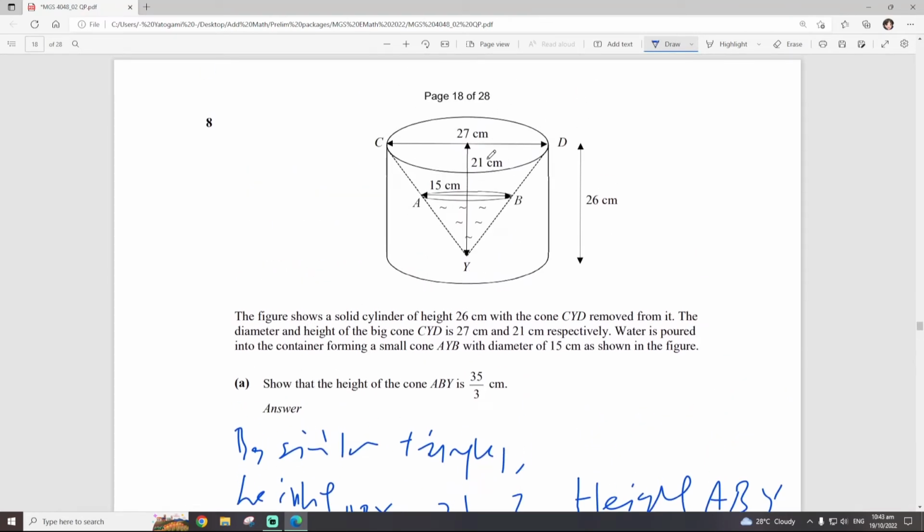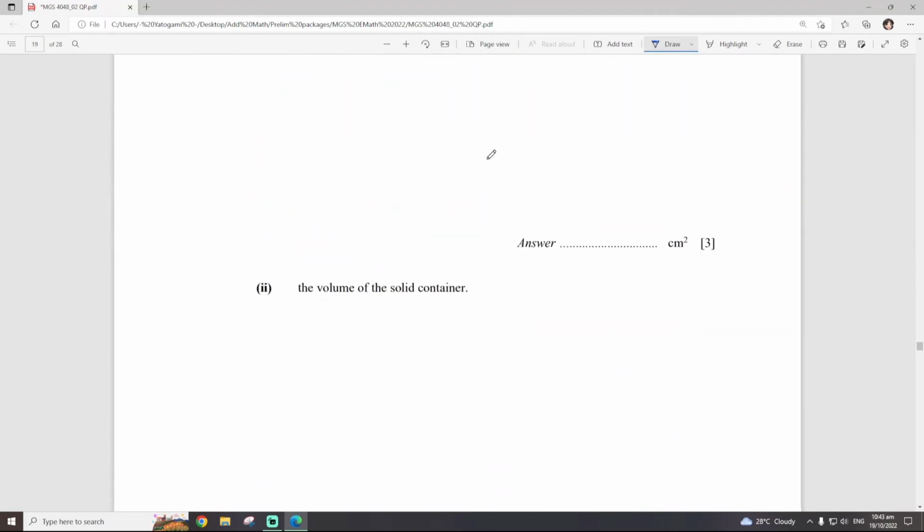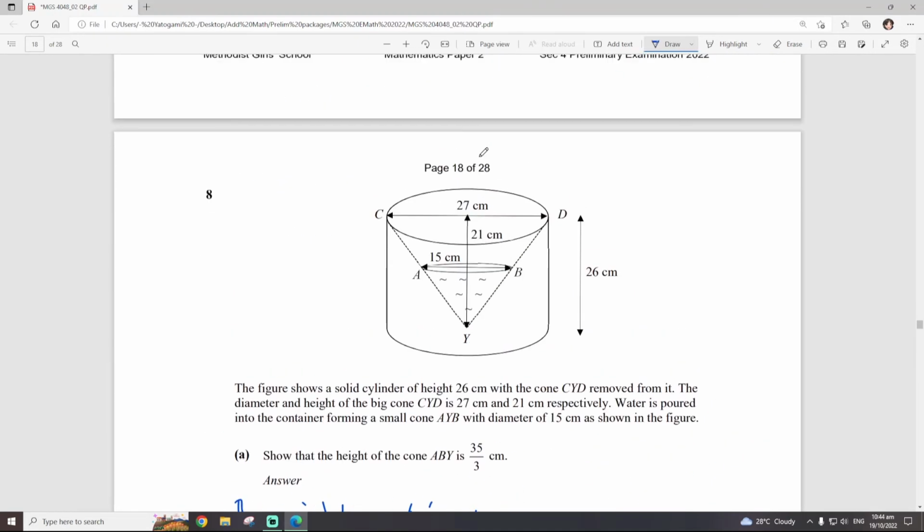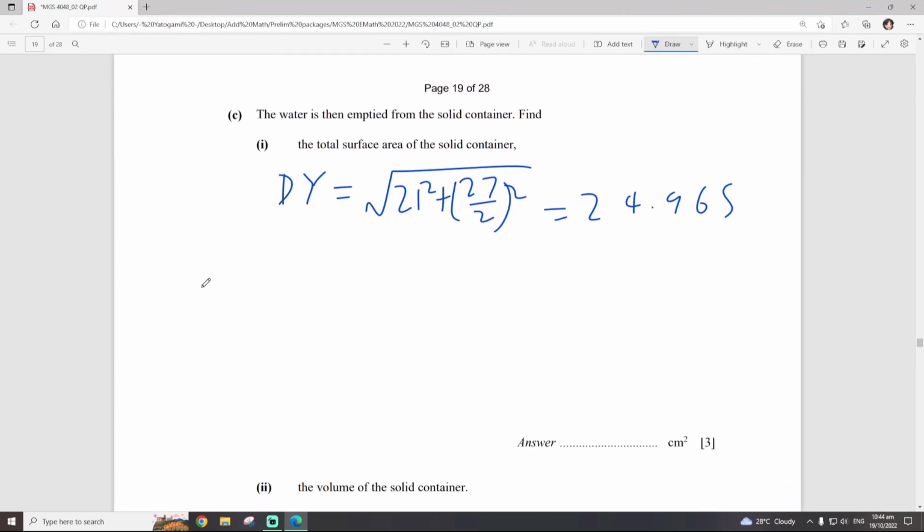So 21 squared plus 27 over 2 squared. And this is 24.965 5SF. So curved surface area is pi times 27 over 2 times 24.965, okay.